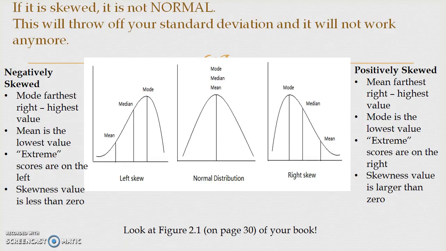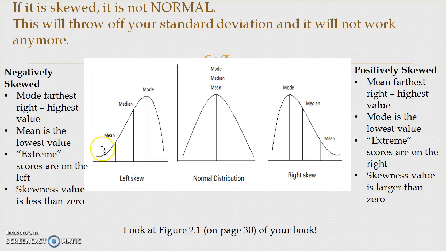But what happens if it is not a bell-shaped curve? If it is not normal, it throws off your standard deviation. Pages 29 and 30 are the ones for you to look at.